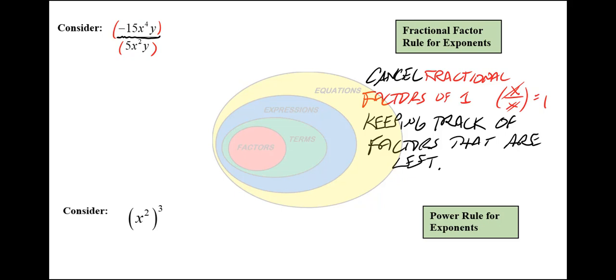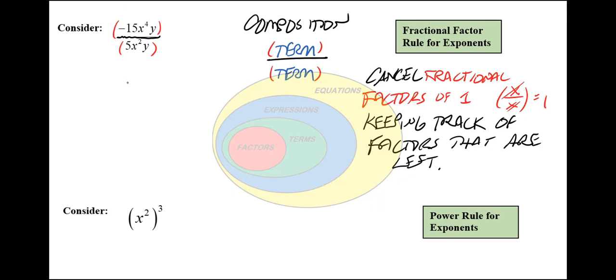So in terms of composition, what we're looking for is a fraction where the top is one term and the bottom is one term. So this would be a term over a term. So what we're going to do is take each factor and work with them individually.